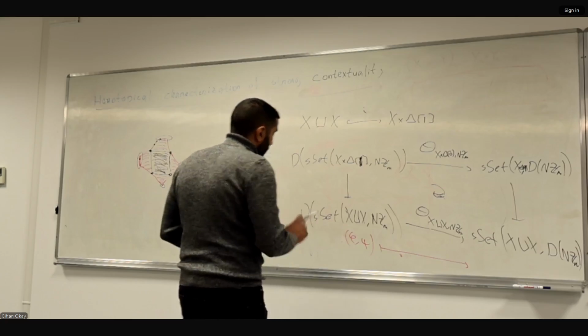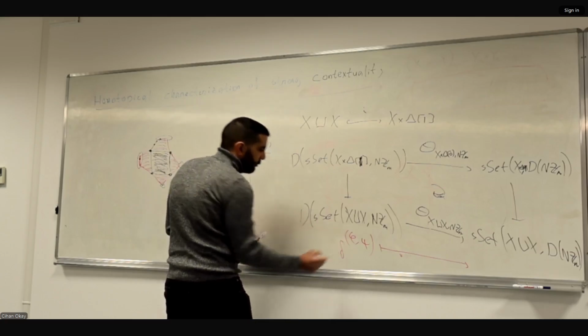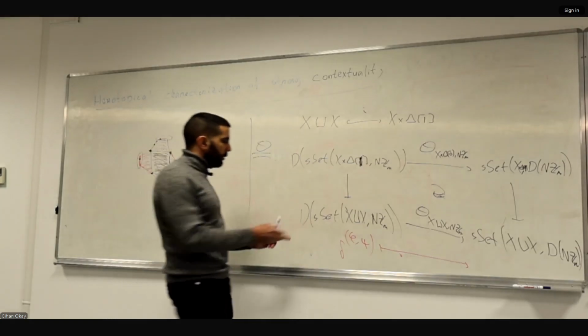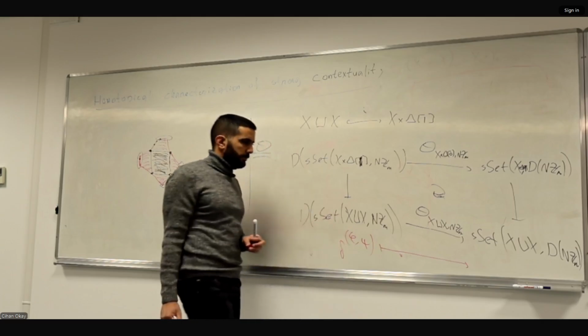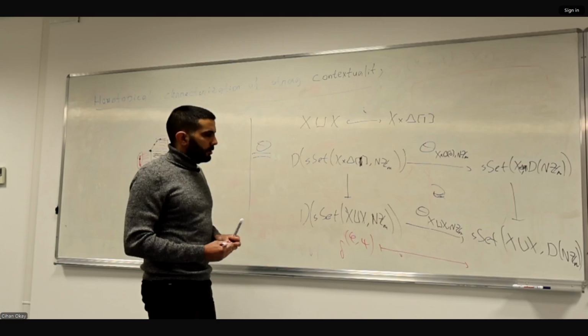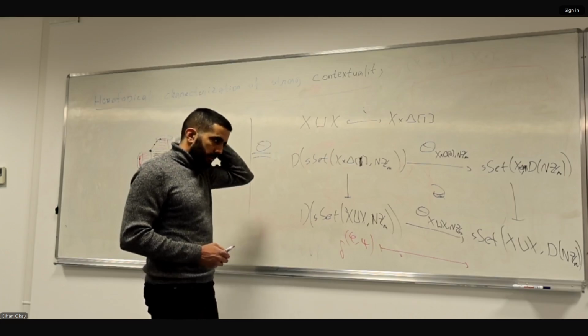If we take, of course, delta of phi and psi here, because I want to think about phi and psi as a distribution. So I will take the delta of this. So this will give me a map here.